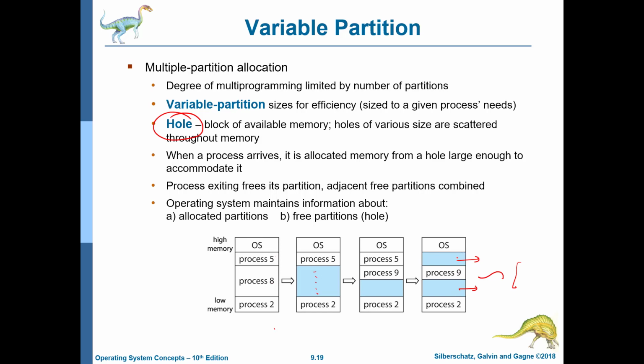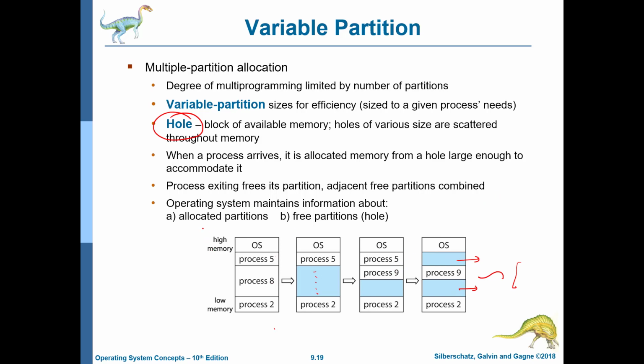So let's look at how you would operate in this fashion, which is clearly not optimal, but it's a good starting point. When a process arrives, it is allocated memory from a hole which is large enough to accommodate it, one of the blue regions. And any process that is exiting frees its partition, the region that it has, and let's say it merges it with other neighboring partitions if they are also free.